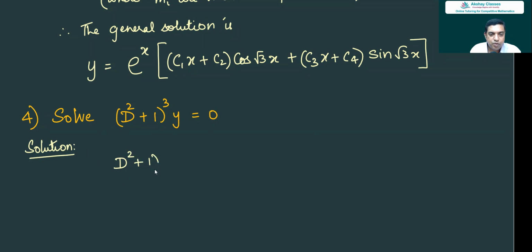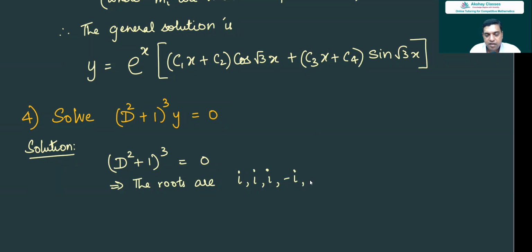(D square plus 1) whole cube equal to 0 means the roots are plus or minus under root of minus 1, so i and minus i. So you have i, i, i, and minus i, minus i, minus i.